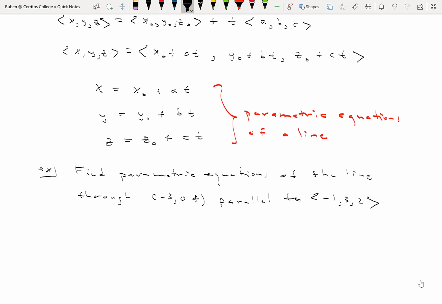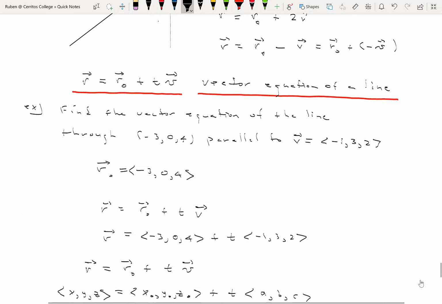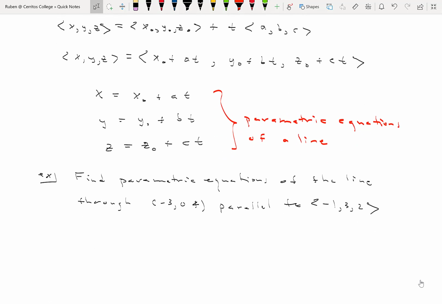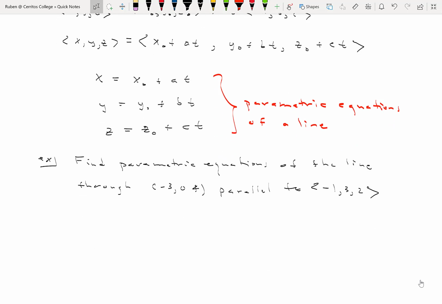Okay, so again, I do believe we are looking at the exact same data that were given before, but we want a different form of this line. So x will equal your initial x value, x naught, plus at.